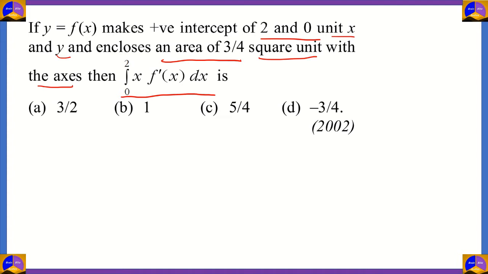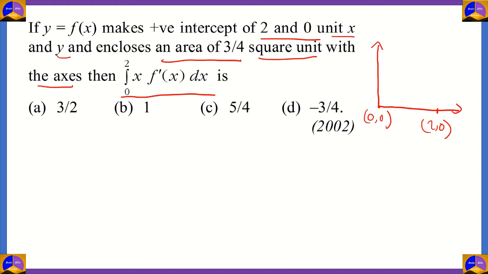Now, we do not know how the shape of the graph is for y equals f of x, but what we do know is that the origin of the Cartesian plane occurs at 0, 0, and the positive intercept of y equals f of x is at 2, 0. So the area of y equals f of x can be calculated from 0 to 2.